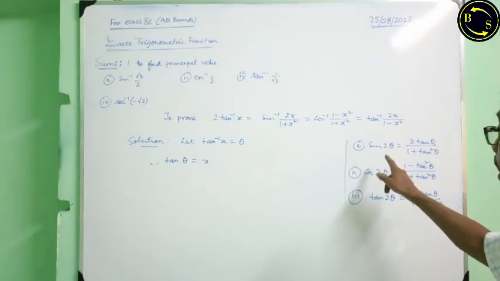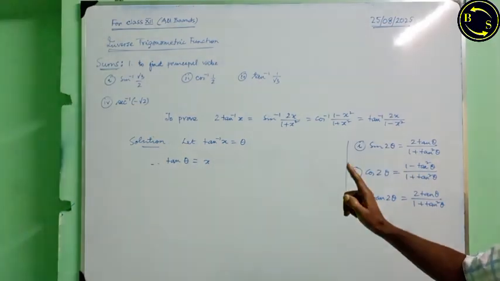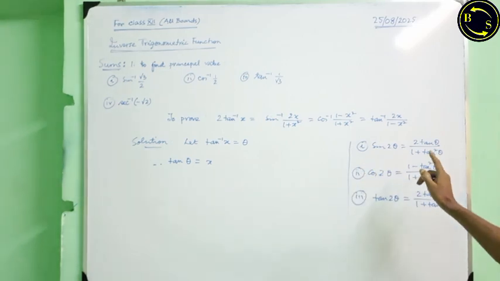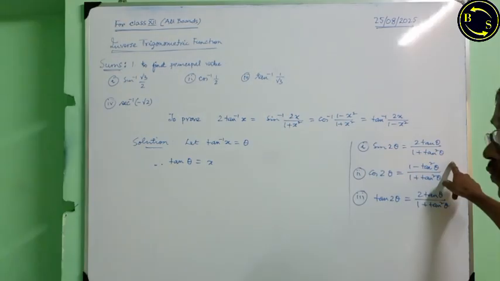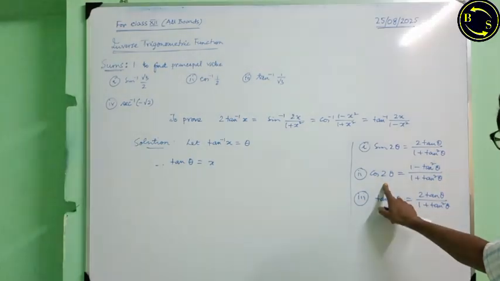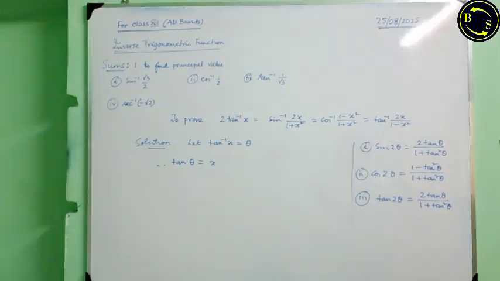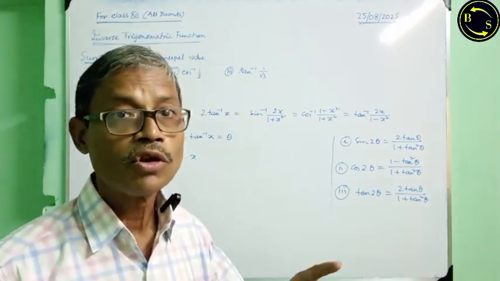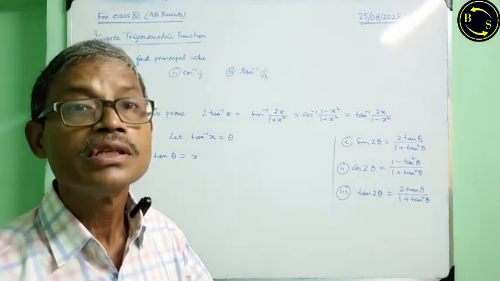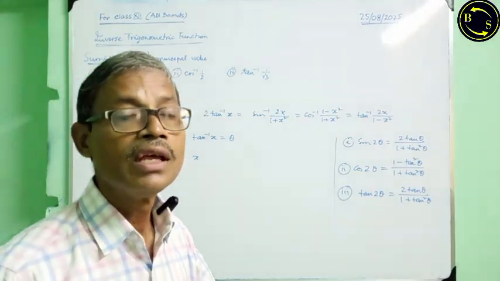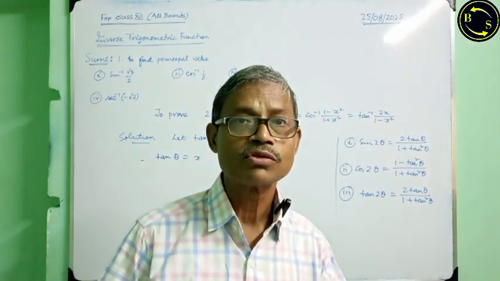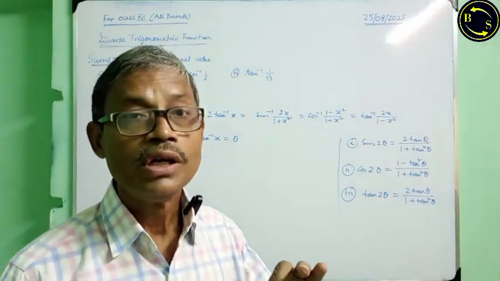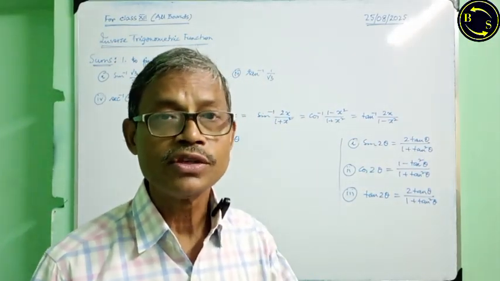Sin 2 theta has two forms, one is sin cos related and the other is tan form. Cos 2 theta has four forms. The first one is cos square theta minus sin square theta, that is cos sin form. Second one is cos form, cos 2 theta equal to 2 cos square theta minus 1. Then sin form, cos 2 theta equal to 1 minus 2 sin square theta.